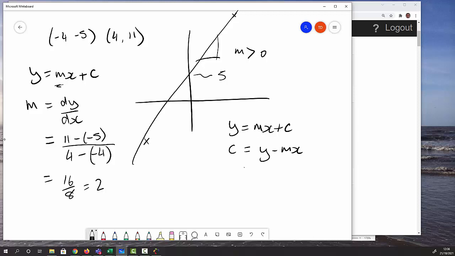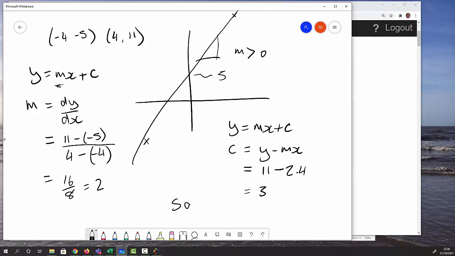Now let's take this first point here. So y is 11 there, so that's 11 minus m we've calculated to be 2, so that's 2 times the x value here, which is 4. 2 times 4 is 8, 11 minus 8 is equal to 3.